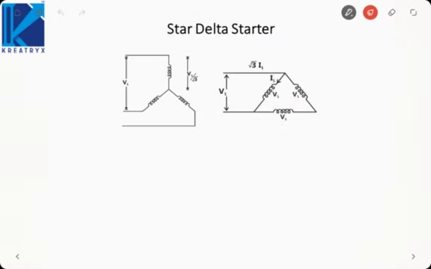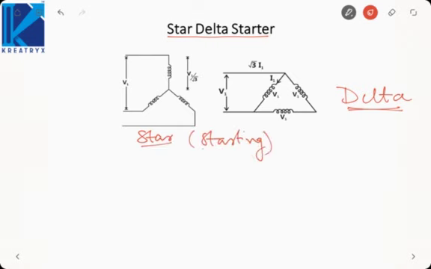The next method to reduce the voltage is the star delta starter. Usually, the stator winding of the induction motor is connected in delta, so it is only used where the stator winding is in delta. At starting, I connect it in star, only at the time of starting, and when the motor is running, I convert it back to delta.